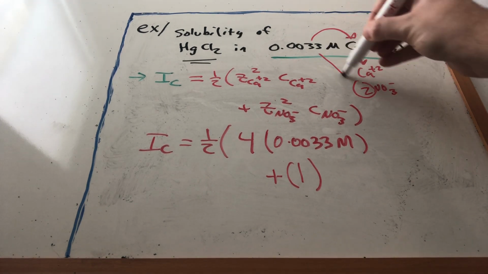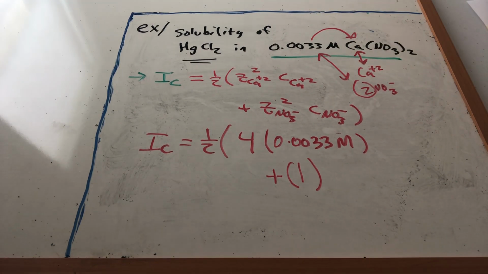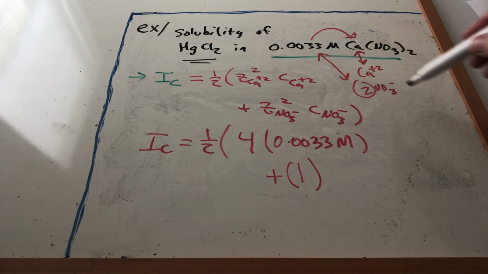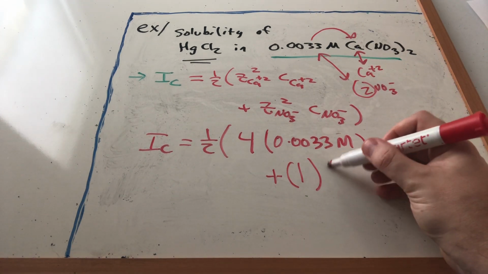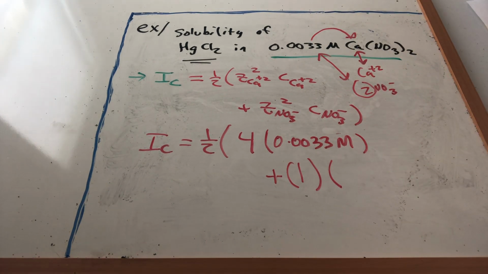There is a 2-to-1 ratio between the concentration of your salt and how much nitrate gets thrown into that solution. And remember, this is a completely soluble compound. It's not going to have a KSP or anything like that. You can assume it completely dissociates. This 2-to-1 ratio dictates that my concentration of NO3 minus is not 0.0033.